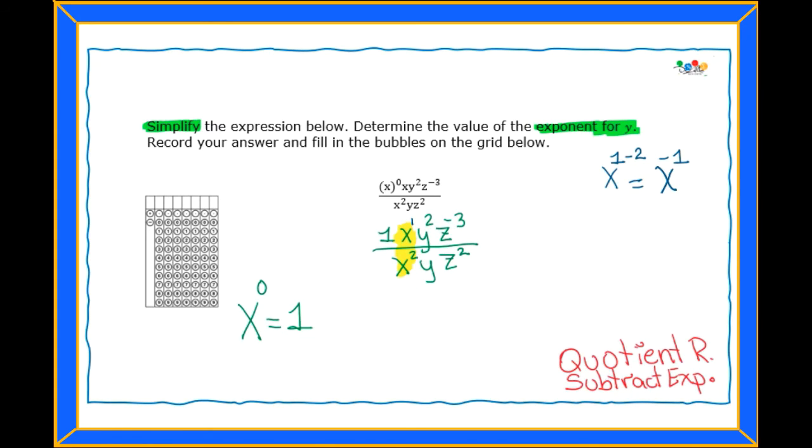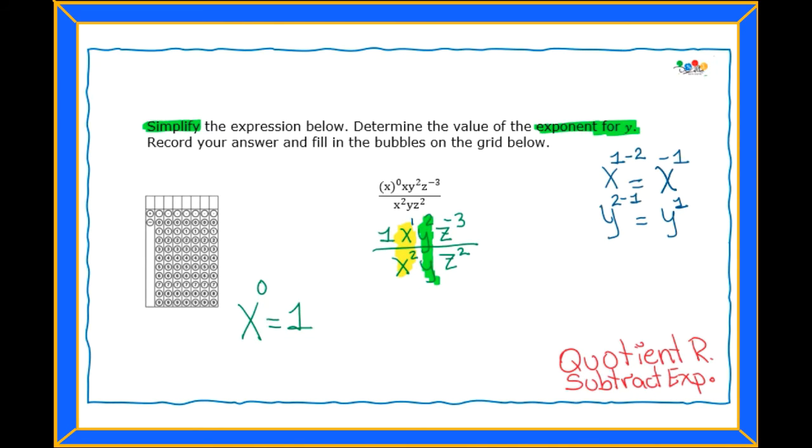Well, I want to check now my y. Is that right? So the y, I'm going to go ahead and apply the quotient rule for that one. So that's going to be y to the second power minus 1. Is that right? So that gives me y to the first power.